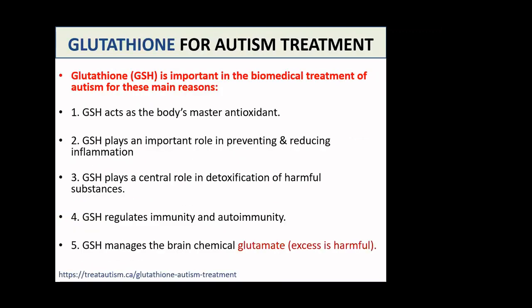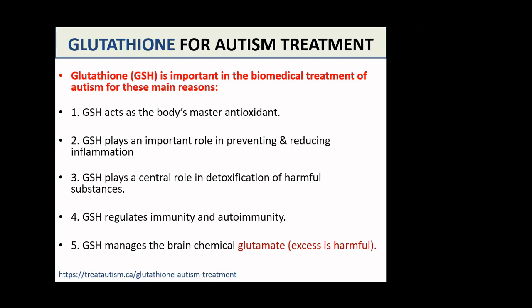So glutathione is important in the biomedical treatment of autism for these main reasons. First, it acts as the body's master antioxidant. It plays an important role in preventing and reducing inflammation, plays a central role in detoxification of harmful substances, regulates immunity and autoimmunity, and glutathione manages the brain chemical glutamate, right? Excess is harmful.